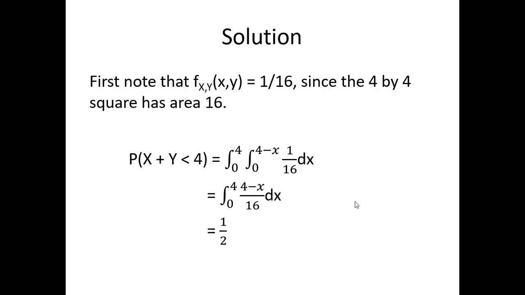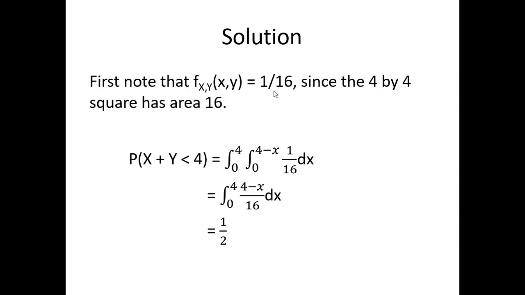Okay, finding the PDF for a joint density, well, that's going to be simply 1 over the area of our region. A 4 by 4 square has area 16, so we get the PDF is 1 over 16.